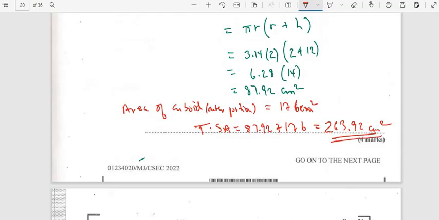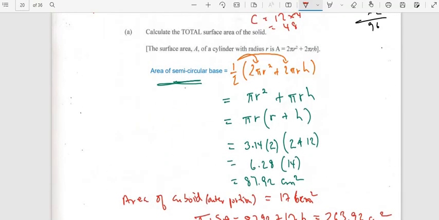Now remember, for those who wonder, could we use the full cylinder formula they gave us and then find half of it, or divide by 2? Yes, that's why half is here.